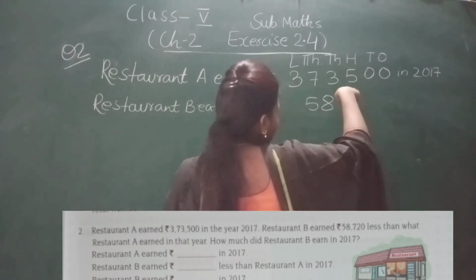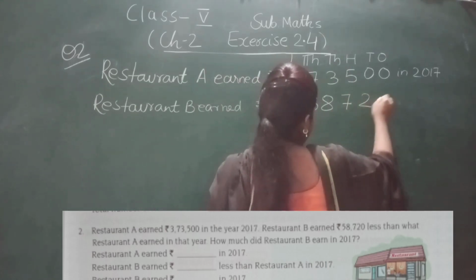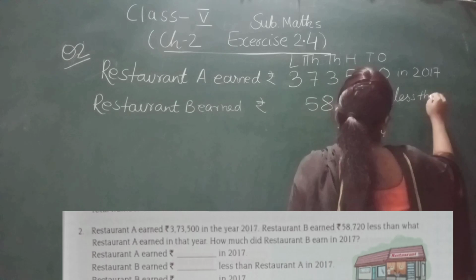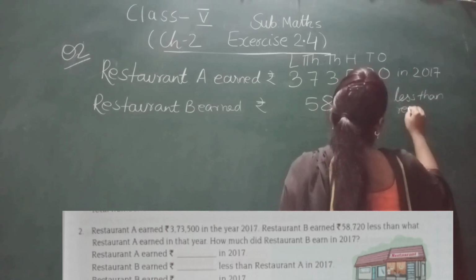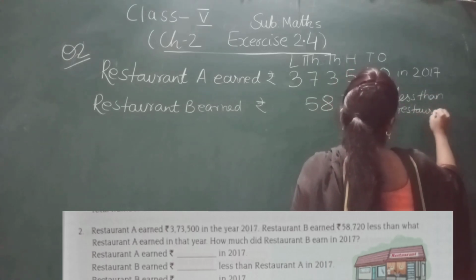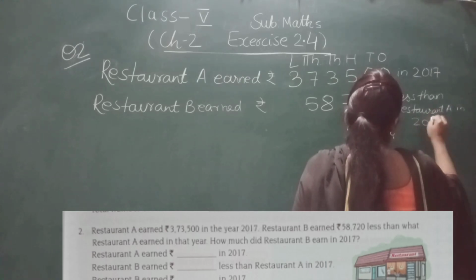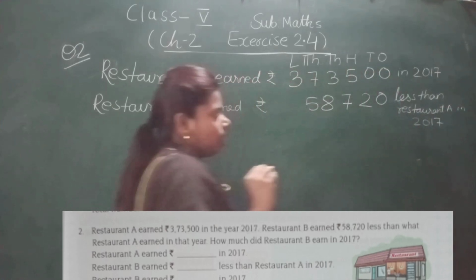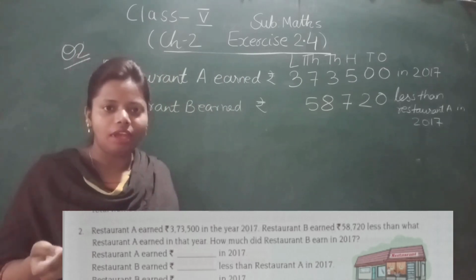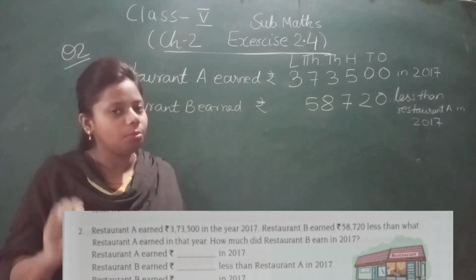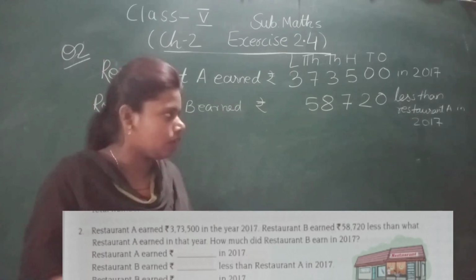See, I am placing this 7 in the 100 column. 20 less than restaurant A in 2017. Okay. Now what we have to find? The earning of restaurant B in 2017.